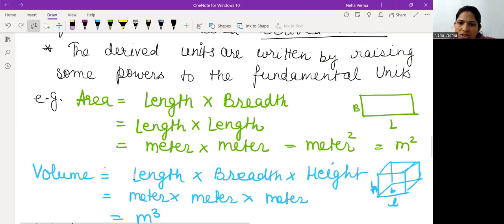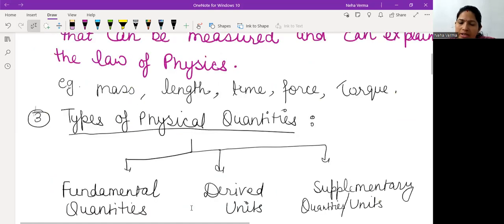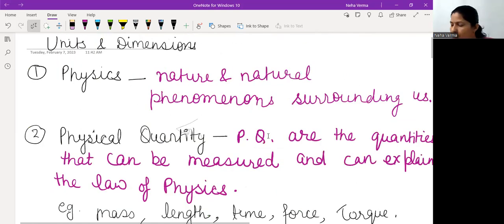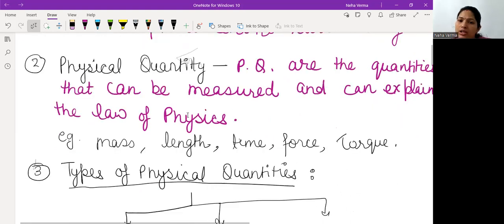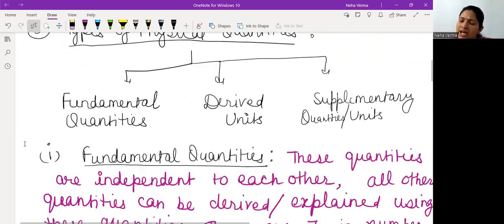So what we have learned till now: what is physics, the natural phenomena happening around us and the explanations we require for them. What are physical quantities? The quantities that are used to explain the laws of physics and can be measured using any apparatus, like mass, length, time, torque, force, momentum, etc. The types of physical quantity are fundamental, derived, and supplementary.